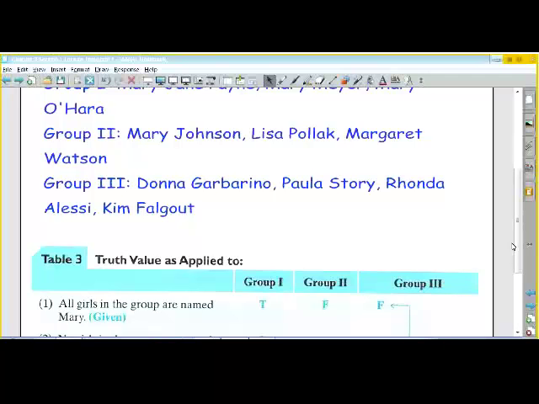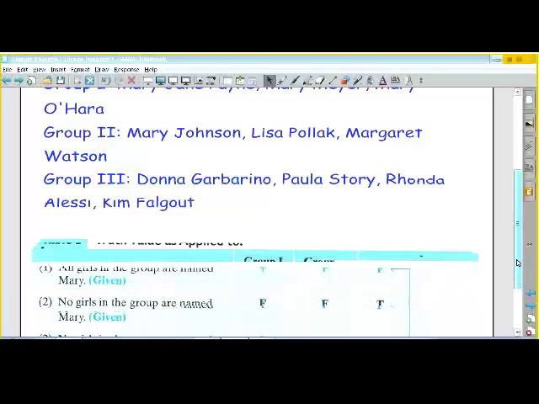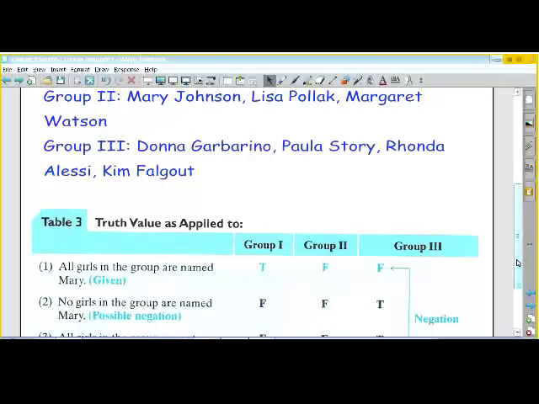For a statement to be a negation, what used to be true becomes false, and what's false becomes true, for all situations. The first example of a possible negation is: no girls in the group are named Mary. So we're using just the word no. None of the girls in the group are named Mary.